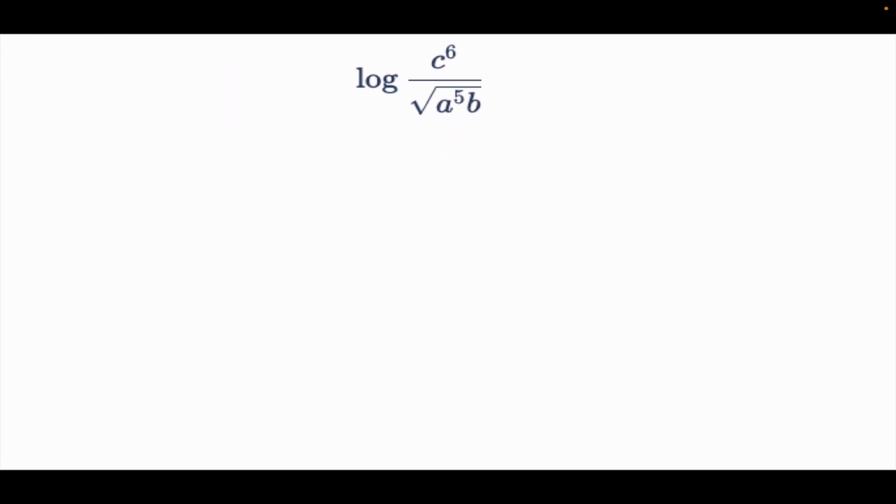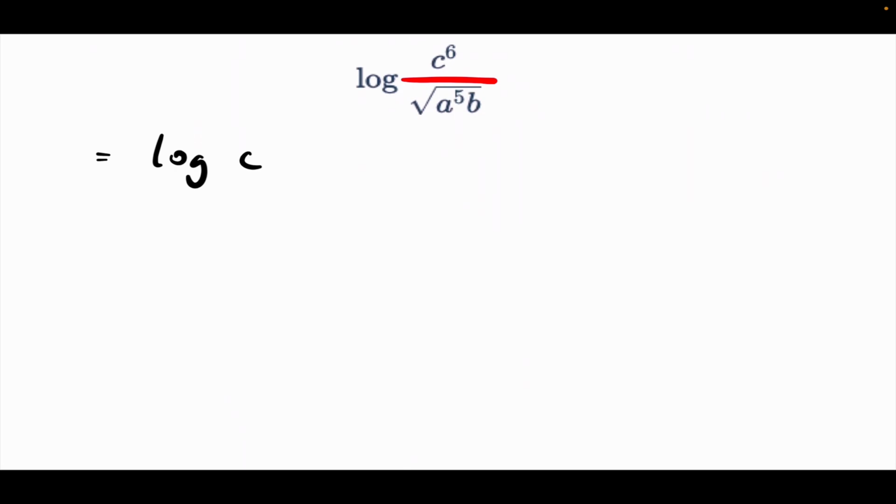What I'm worried about is expanding this guy. So I need to figure out which properties I'm going to use. Well, first of all, let me start with, it's got a big division. So that means quotient.